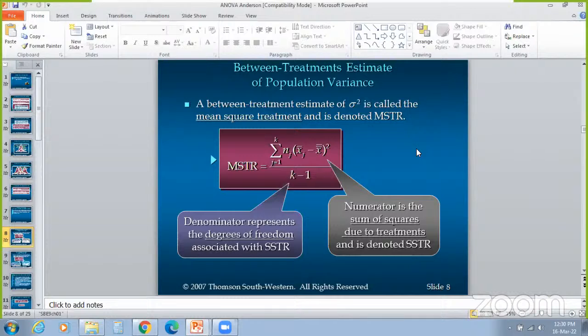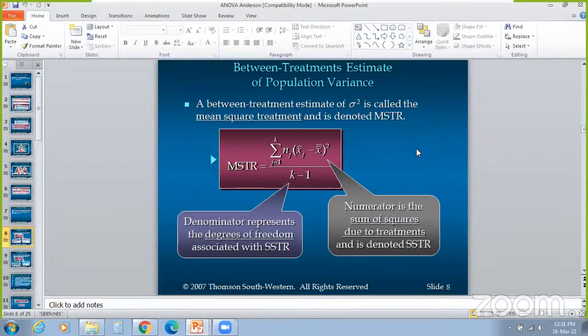If your calculated value of F is larger, then it is against your null hypothesis, meaning you are able to reject it. These are the theoretical underpinnings.